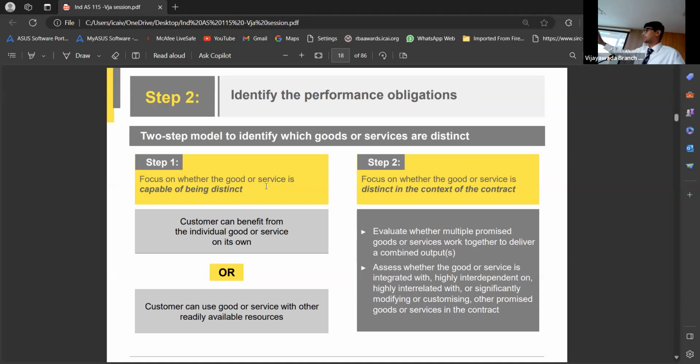Every company has a different type of corporate structure. So you have to do a significant amount of customization in SAP. There, what happens? Lot of times the software is so closely integrated that you can't separate one from the other. So in those cases it will become one performance obligation.